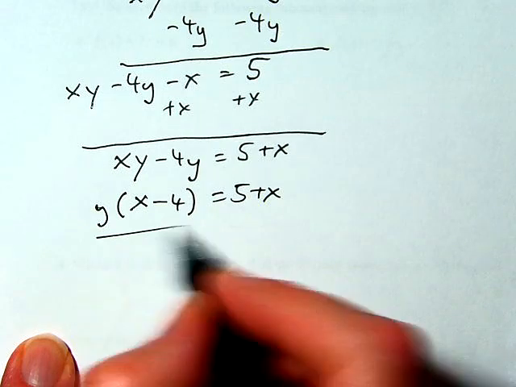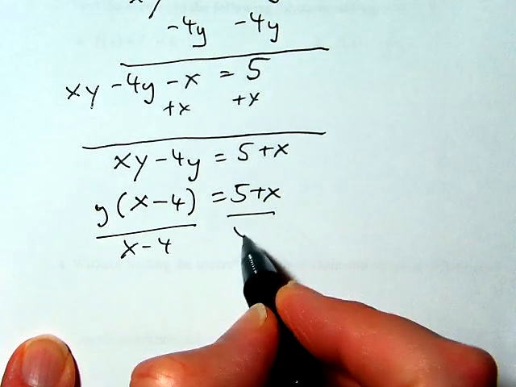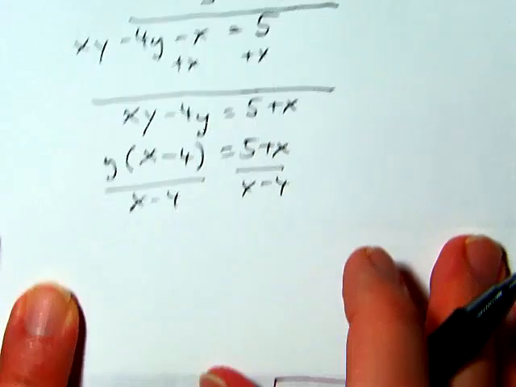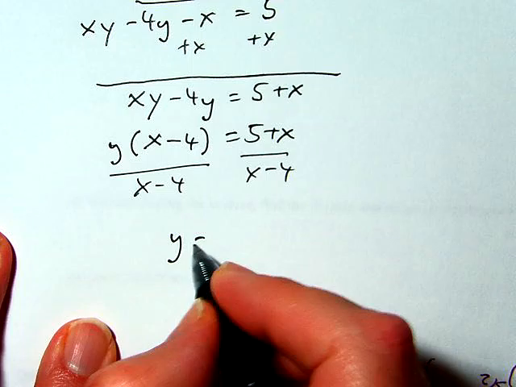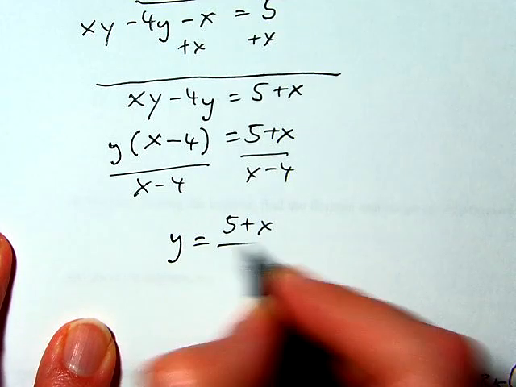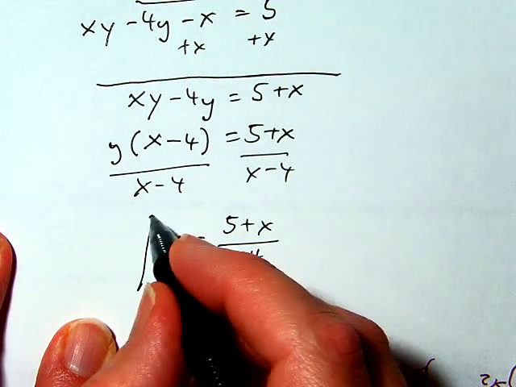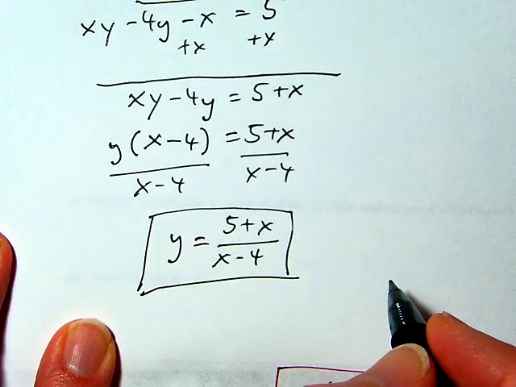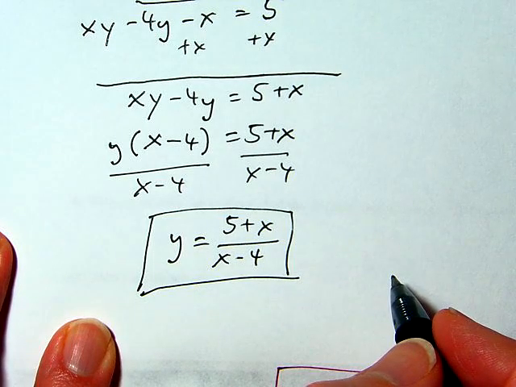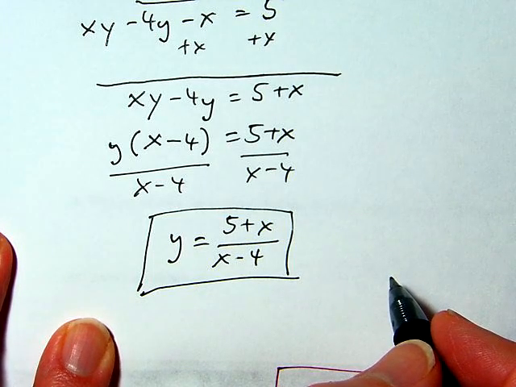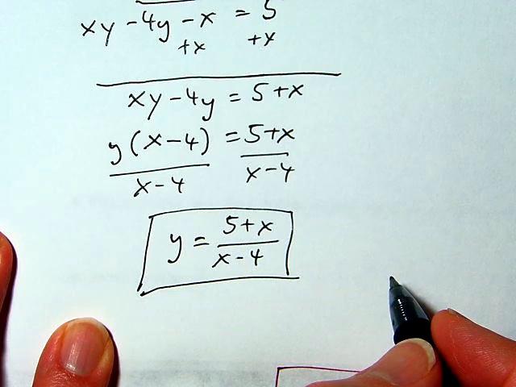Now we can divide both sides by x minus 4 to get what we wanted from the very start, which is a function that is exclusively of the form y equals and then some function of x on the right. This is the answer.